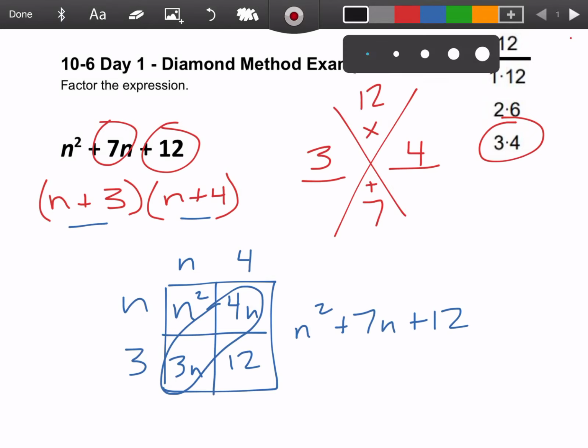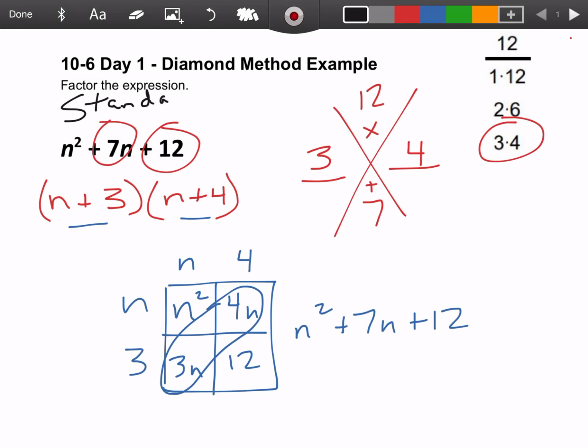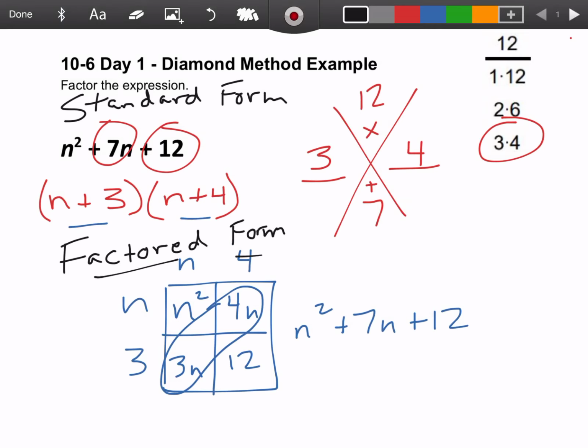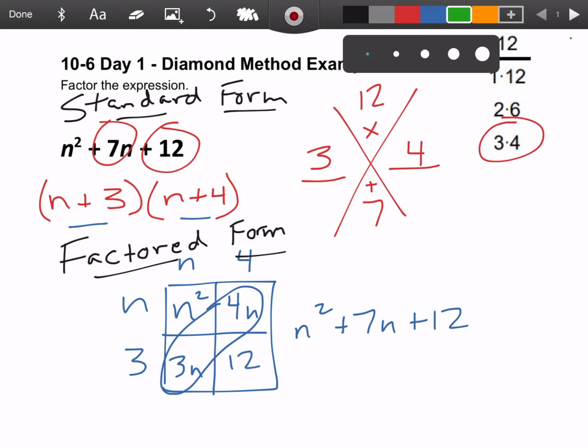Just so we're clear, how we started is what we call standard form, and how we ended is called factored form. Earlier in this chapter we multiplied.